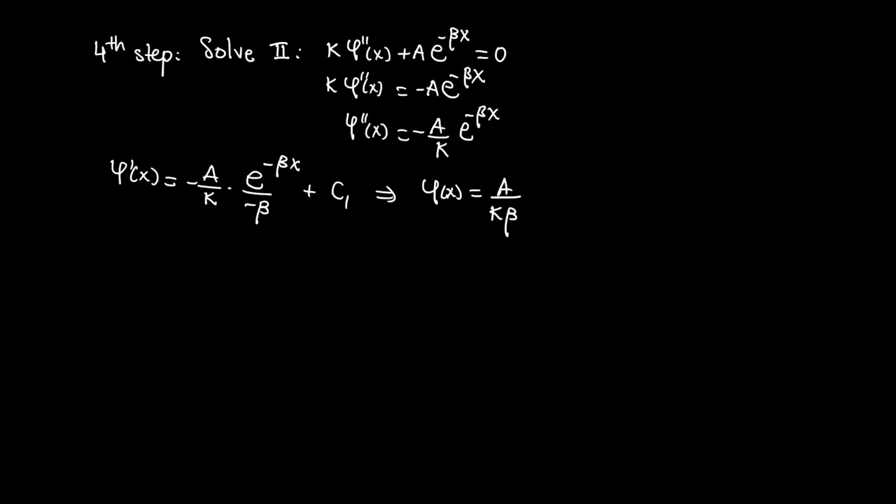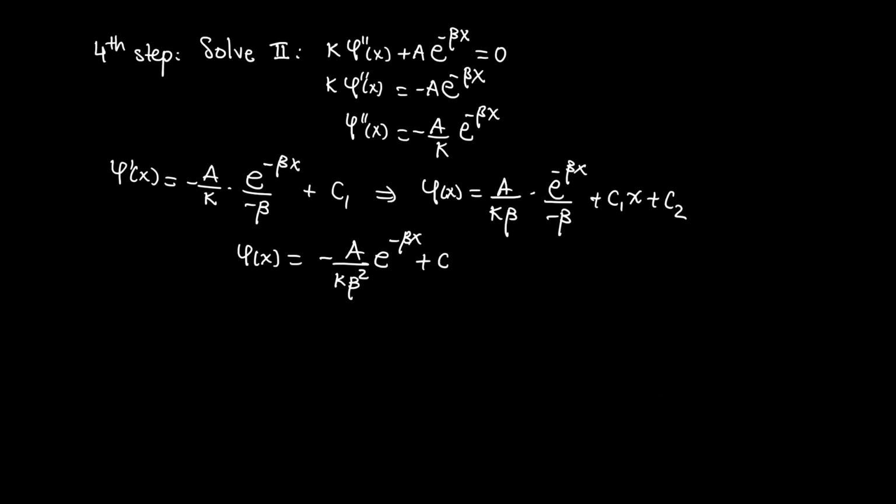Then you integrate, you get e to the minus beta x over minus beta plus c1 x plus c2 like that. Then you have that phi(x) equal to minus a over k beta squared e to the minus beta x plus c1 x plus c2 like that. And that's your equation for phi.